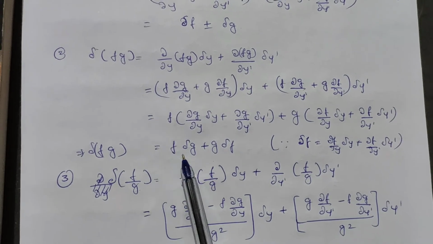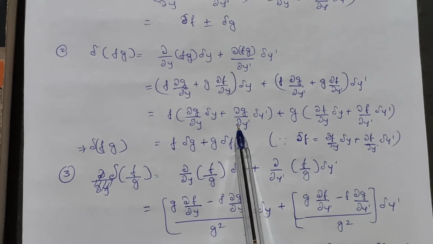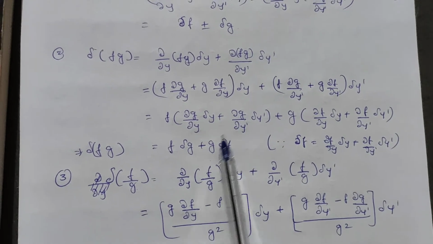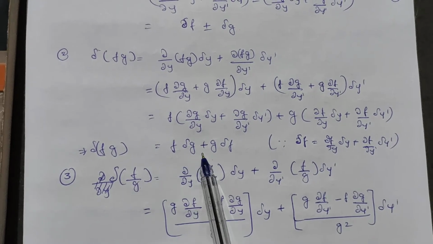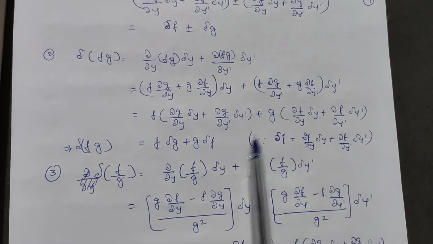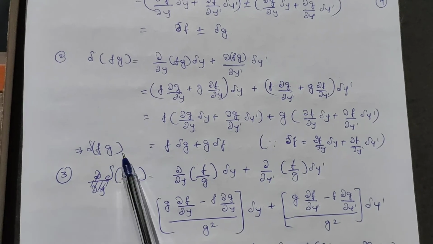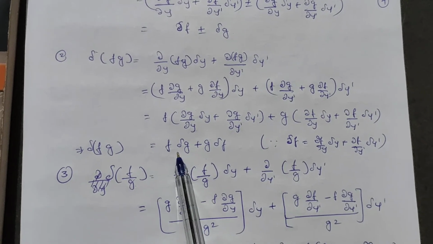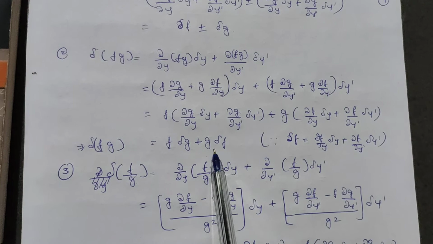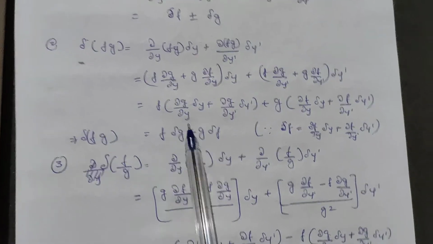Again from the definition of a variational function, the bracket with f is delta g and the bracket with g is delta f. So delta of f into g is equal to f into delta g plus g into delta f. This is the proof of the second property.